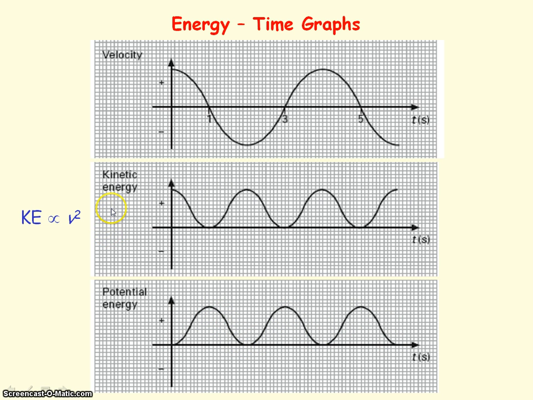So the kinetic energy time graph is following a cosine squared shape, and the potential energy time graph is following a sine squared shape. If we were to add our kinetic energy and potential energy at any given time, as you know, cos squared plus sine squared will equal 1. So that will give us the total energy being constant at any given time.